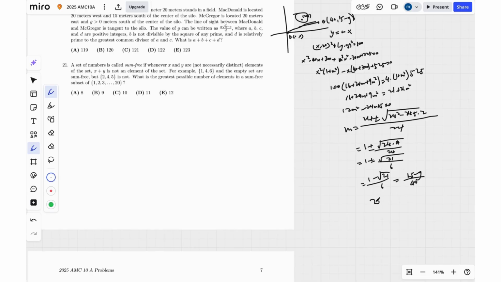So now we get 20 minus 20 root 21 equals 45 minus 3g. 3g equals 25 plus 20 root 21.